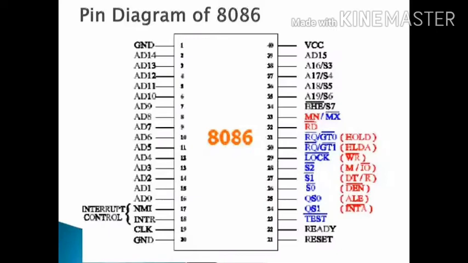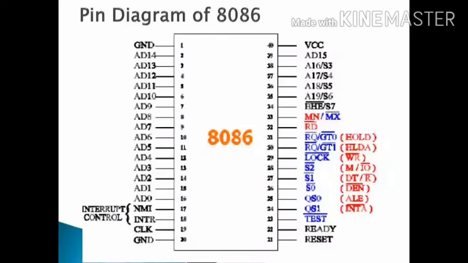And if test bar is equal to 1, then 8086 will enter the wait state and will remain in that state till test becomes 0. And this pin is used when 8086 is operating with the coprocessor 8087 or any other CPU.